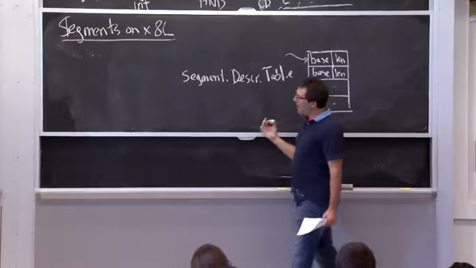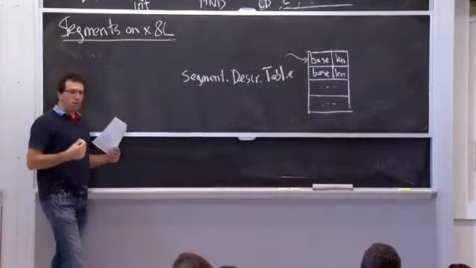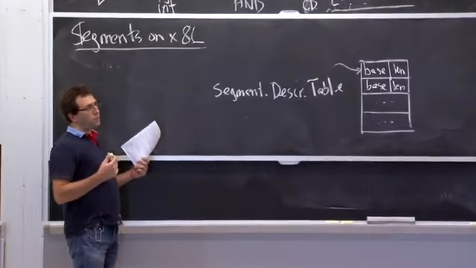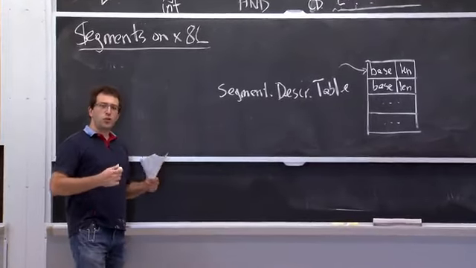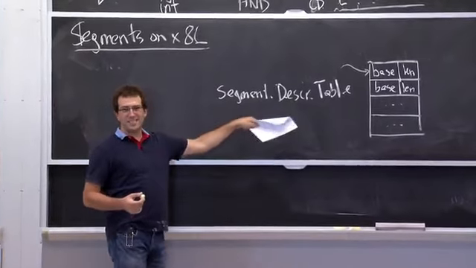And the way that this actually helps us to enforce memory bounds is that on x86, every single instruction in one way or another, whenever it's talking about memory, actually talks about memory with respect to a particular segment in this table.